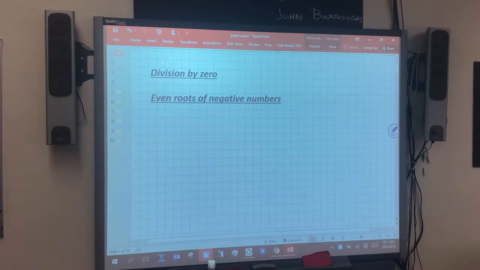First one, not too bad. We've got f of x is equal to x plus 2 over x squared minus 1. Okay? So in this case, because we've got x squared minus 1, we have the potential that there could be division here, right?